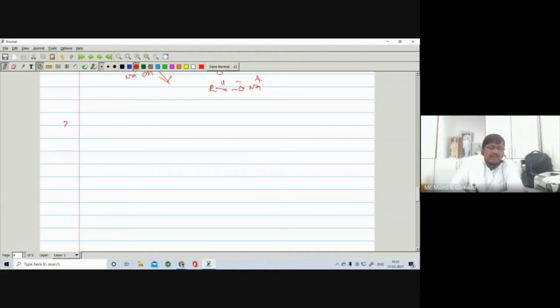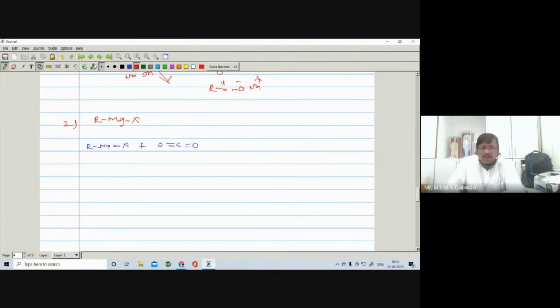Second example, starting from Grignard reagent, RMgX. So when a Grignard reagent, that is RMgX, reacts with carbon dioxide, here is O, there is a carbon double bond.